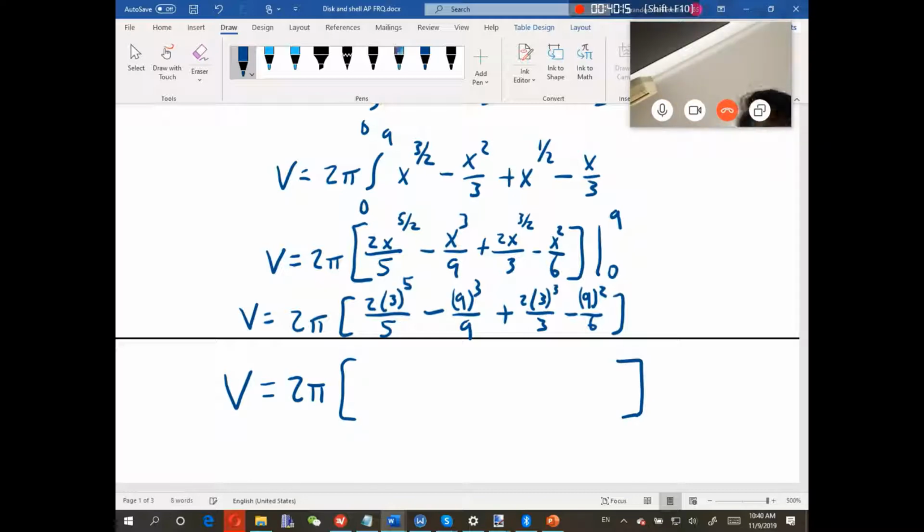Any idea what 3 to the 5th power is? 243 times 2.